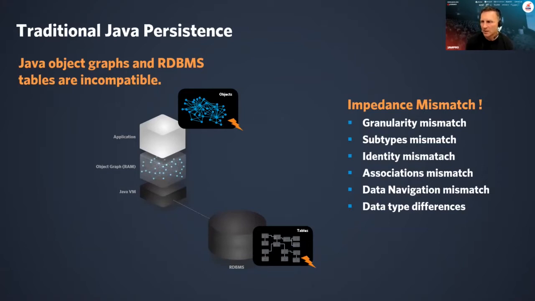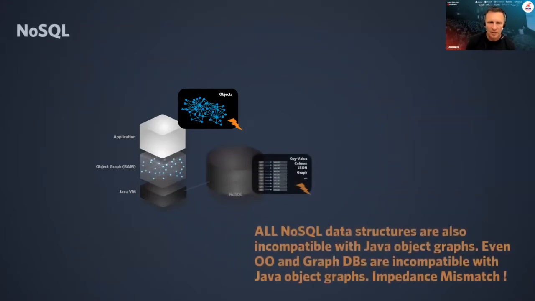We have impedance mismatches here, and to solve this problem, we have to use a mapping behind the scenes. With NoSQL, as I mentioned, the database vendors now use completely different data structures. Some use key-value, document, or graphs and objects. But even the graph and object models are not compatible with Java object graphs, so we also need a mapping here.